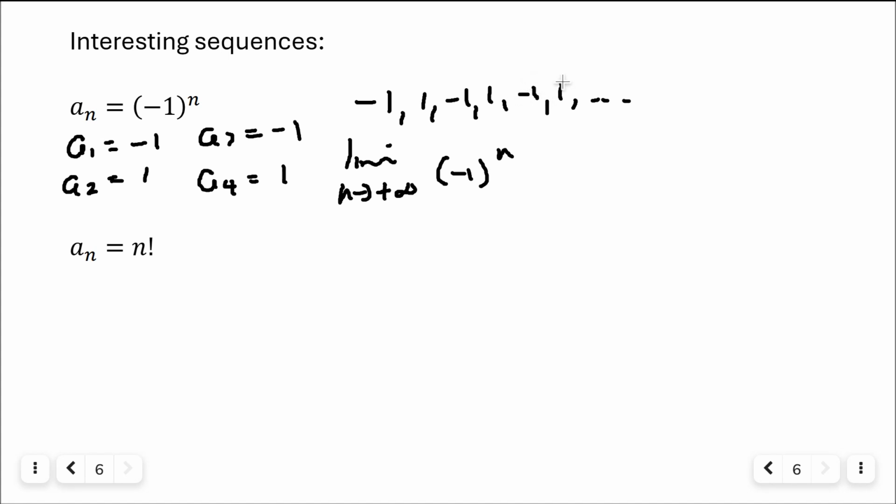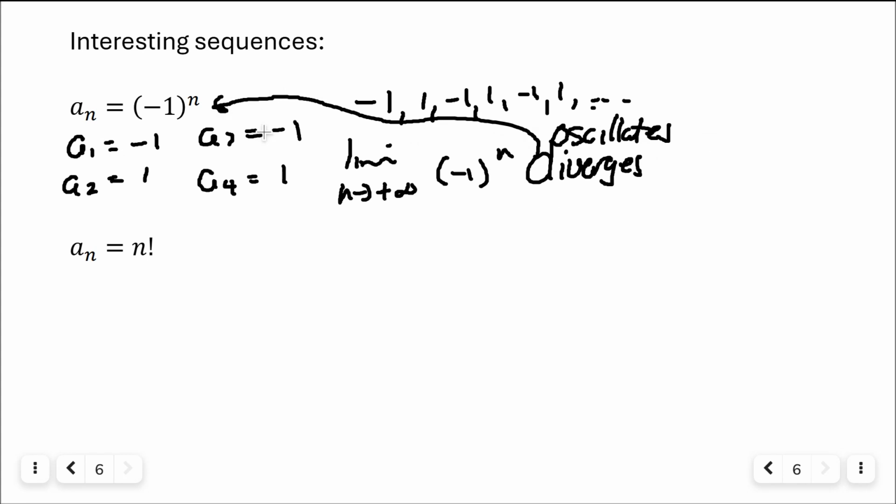It's -1, then 1, then -1, then 1. So it doesn't approach an actual finite value. So this limit oscillates, which means this sequence diverges.